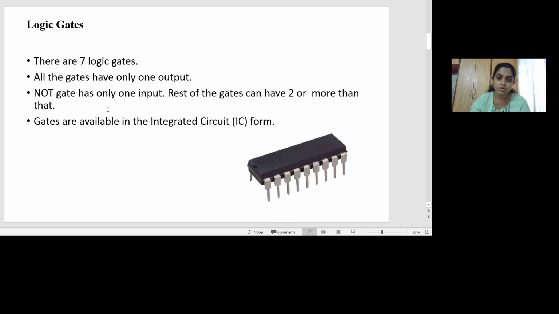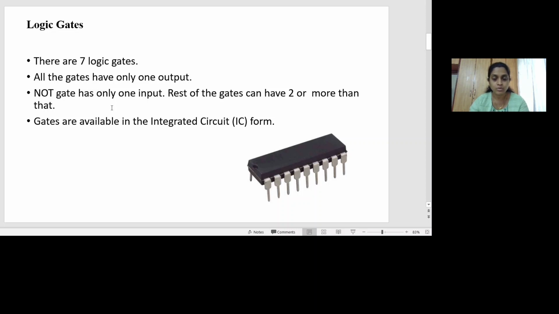The working of a logic gate is given in the form of a truth table. Hence, the truth table completely describes how the gate will work. So, the function of a logic gate is given in the form of a table called the truth table.